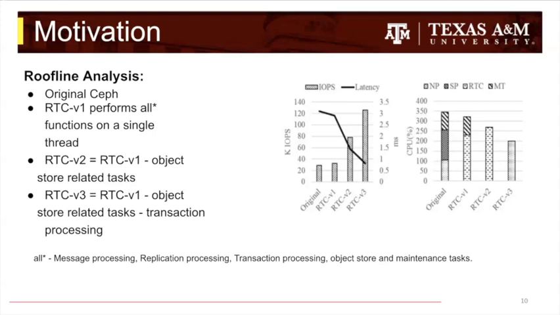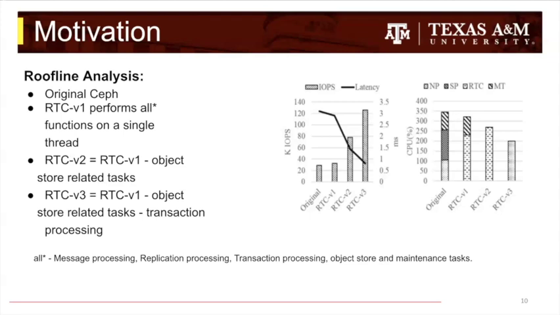In RTC V1, it performs all the tasks like message processing, replication, transaction processing, object storing, and maintenance tasks, which original Ceph performs, but it only does it on a single thread. RTC V2 performs all the tasks which RTC V1 performs, except for object storing tasks, and RTC V3 does not perform object storing as well as transaction processing tasks.